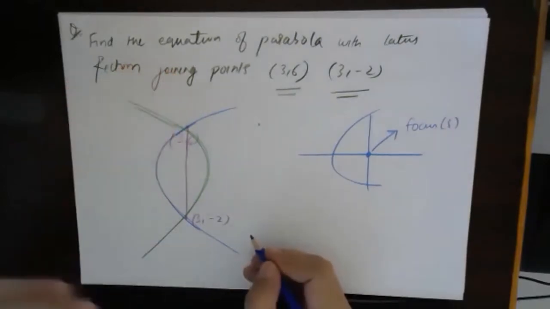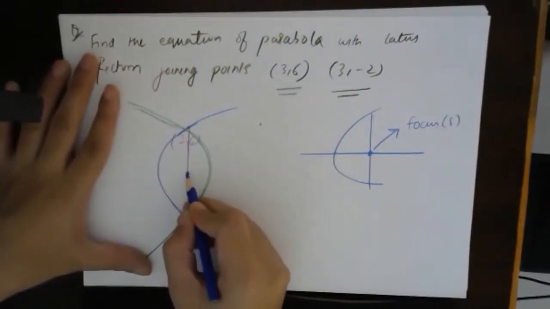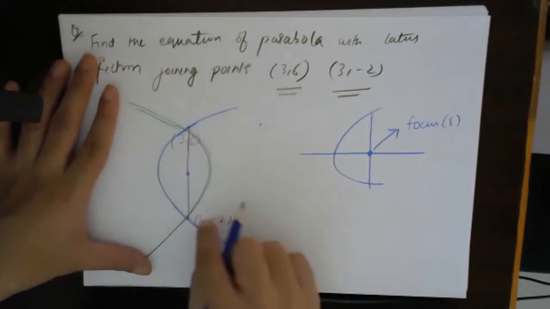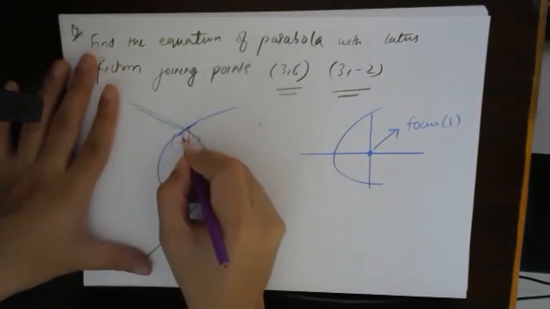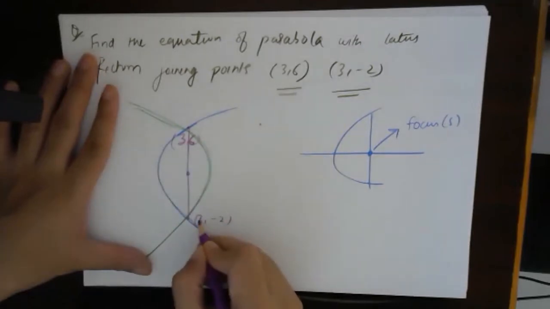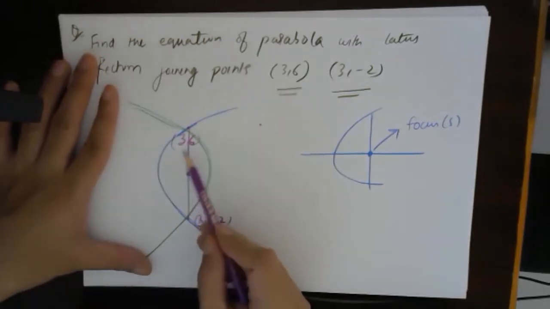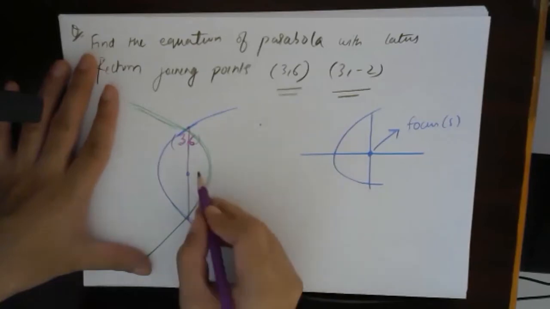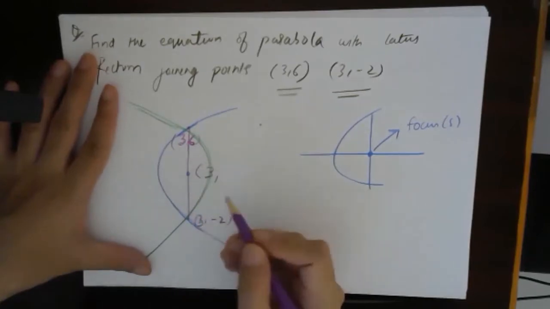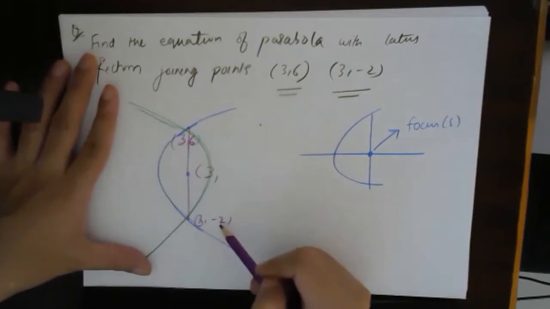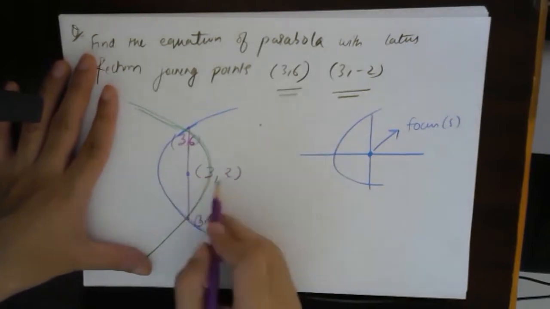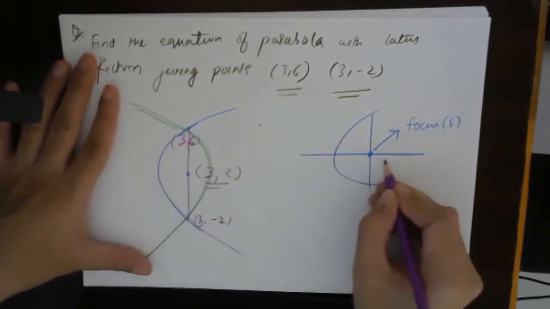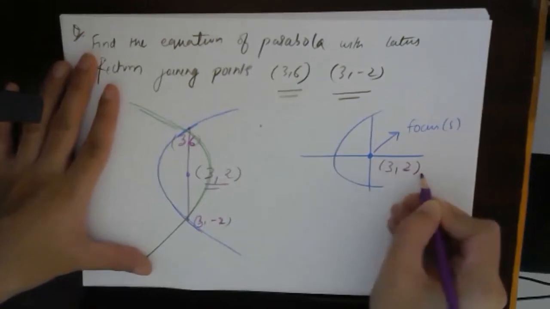So first I will find the midpoint of (3, 6) and (3, -2). This point will be (3, (6 + (-2))/2), which is 4 by 2, 2. So this point is (3, 2). That means the focus I have got is (3, 2).